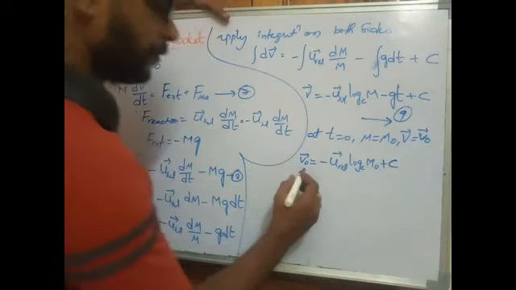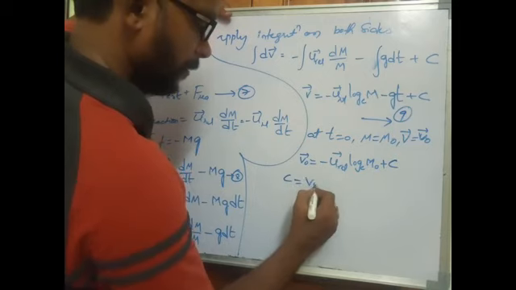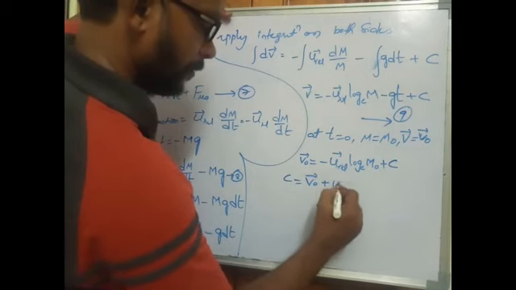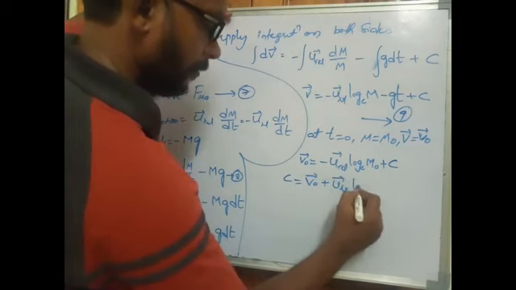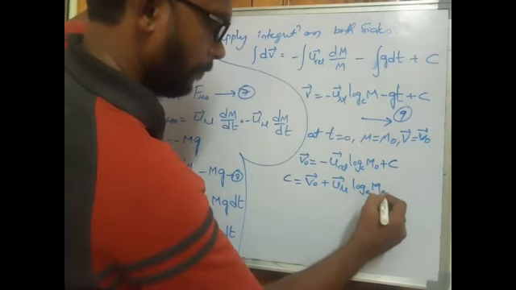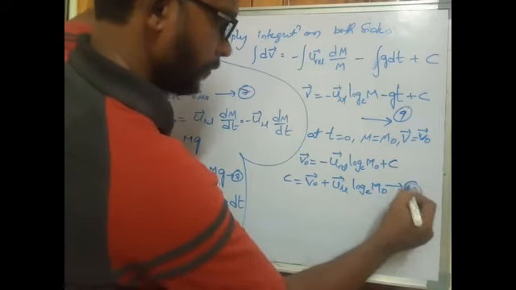So from this equation, c is equal to v naught bar plus relative velocity into log e m naught. Assume this is equation number 10.